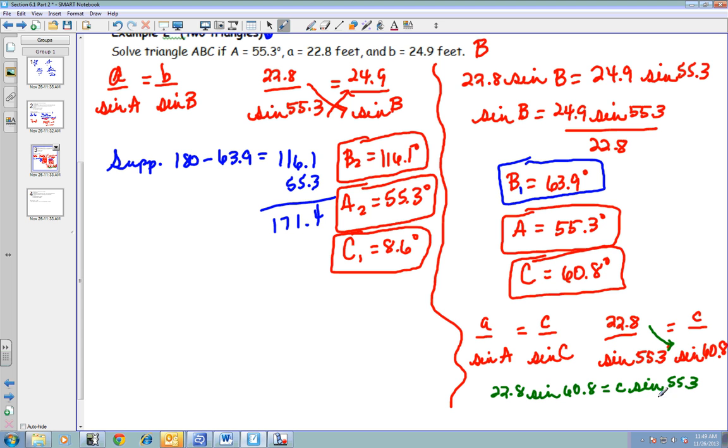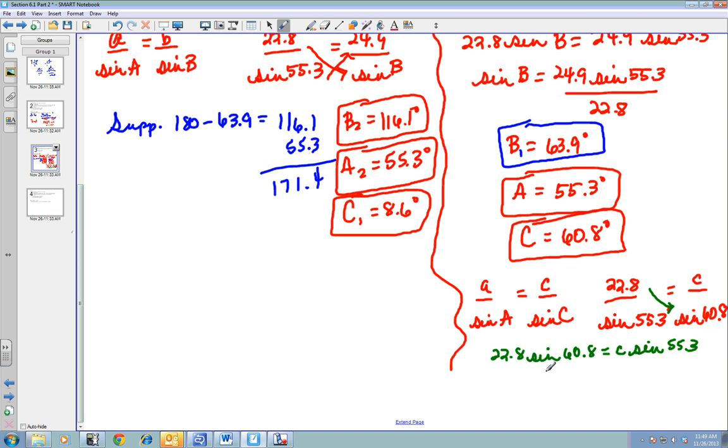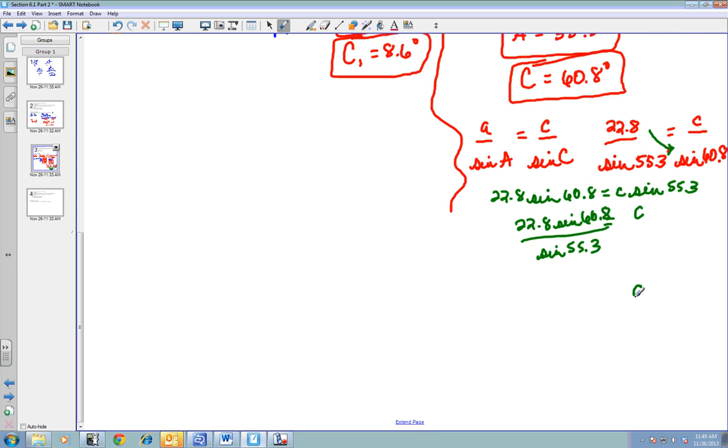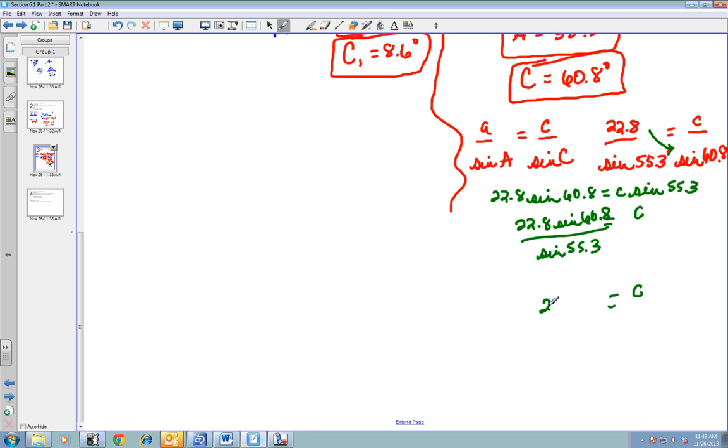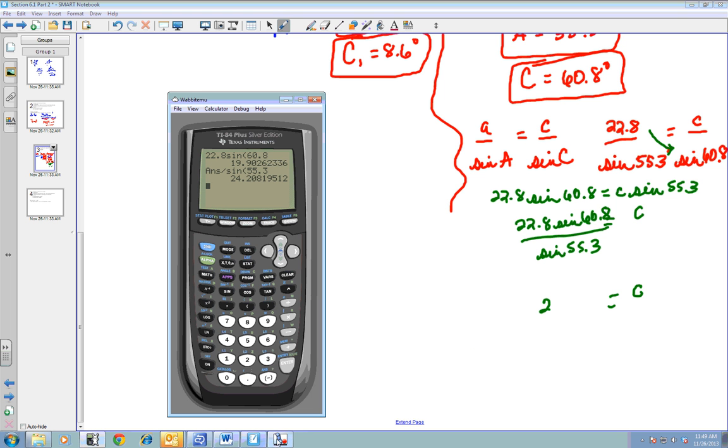To solve for C, I divide by the sine of 55.3. So C equals 22.8 times the sine of 60.8 over sine of 55.3. Plugging that in, side C is 24.2.